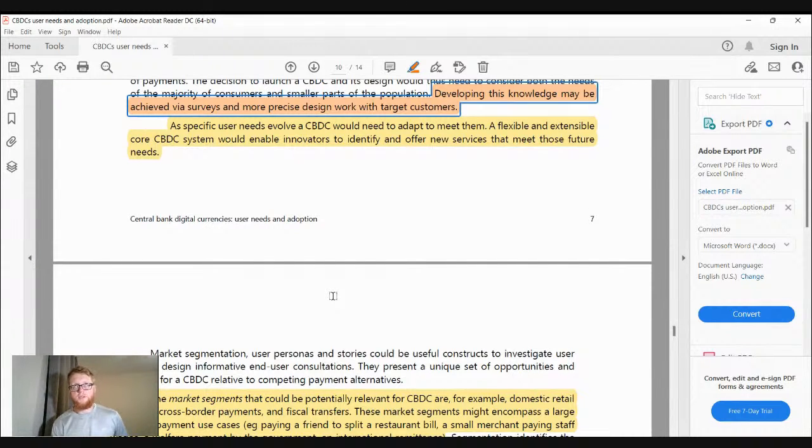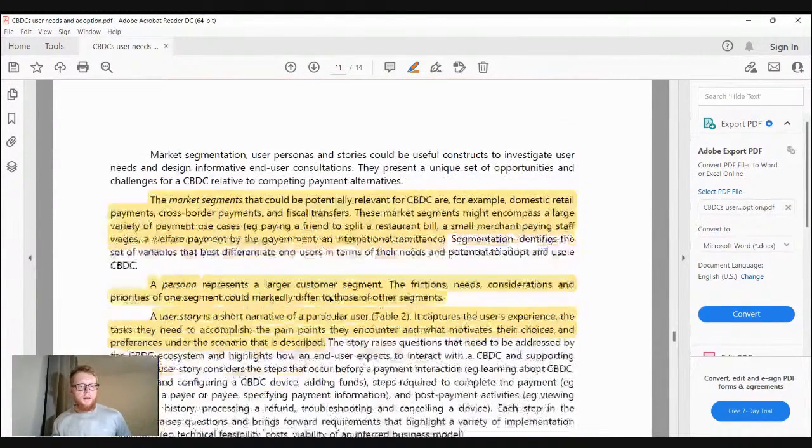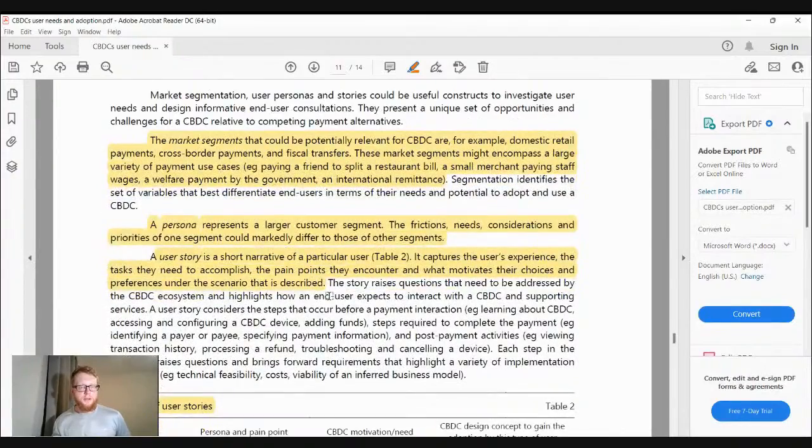So you have the digital yuan, and I think it's the Bahamian sand dollar. That part's rather vague, obviously I don't remember exactly what it is, but I'm pretty sure that's what it is.